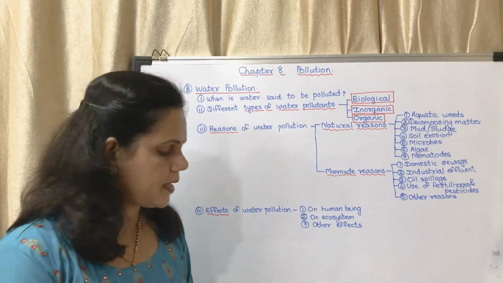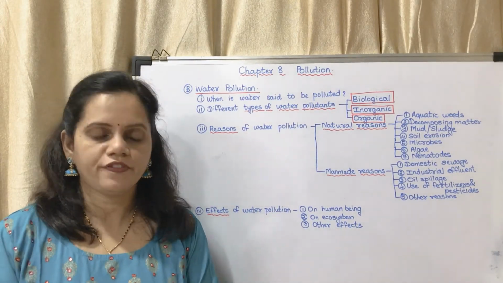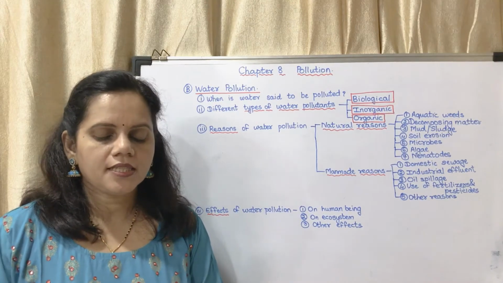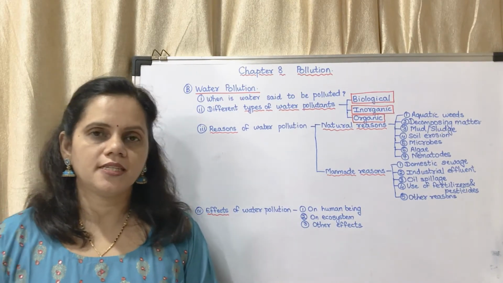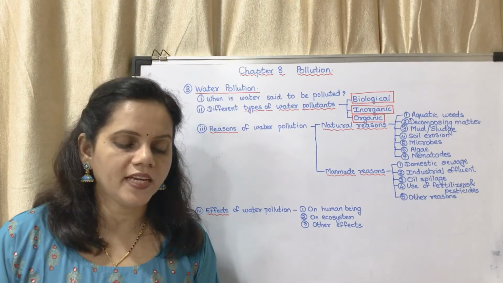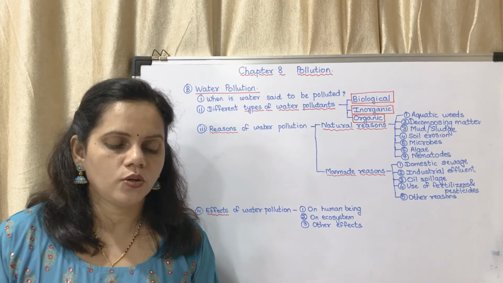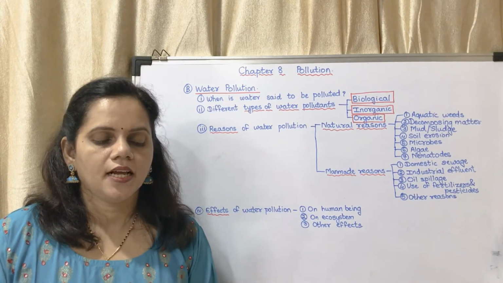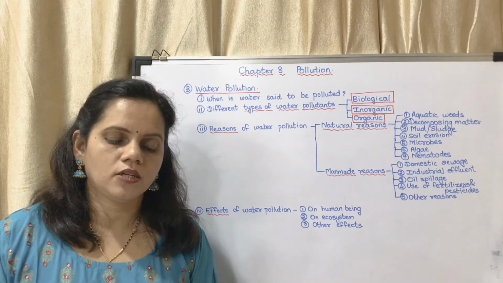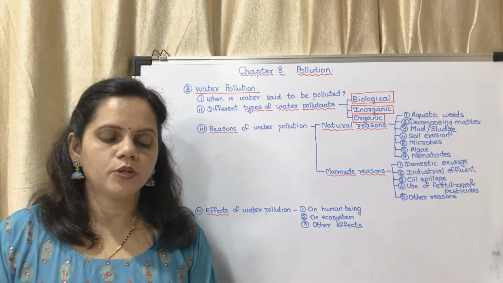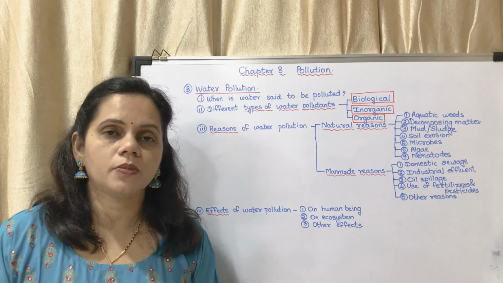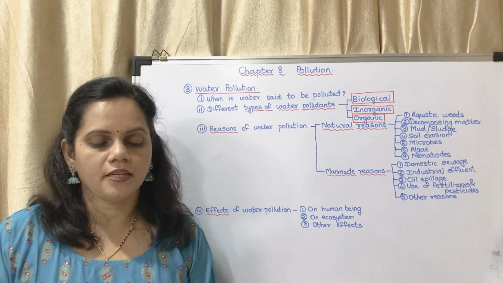Now we will see the table given on page number 59. Reasons of water pollution: natural reasons and man-made reasons. Aquatic weeds cause depletion in O2 level, that is a decrease, and changes in natural qualities of water. Next is decomposing matter, that is decomposing bodies of plants and animals.